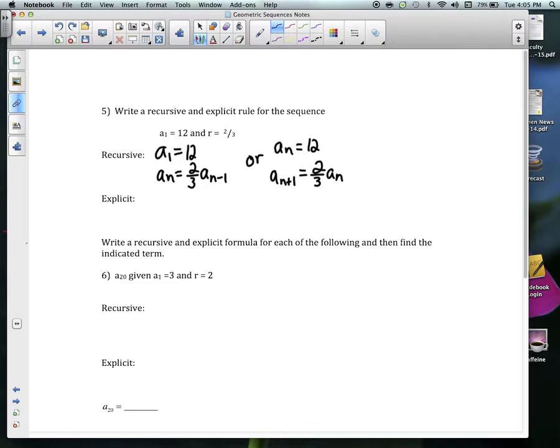Again, the only difference there is that the first one talks about the previous term, the second version talks about the next term using the n+1. You generate the stuff the same way.